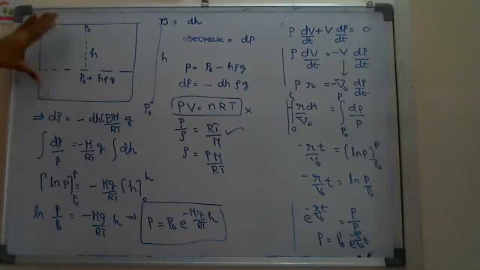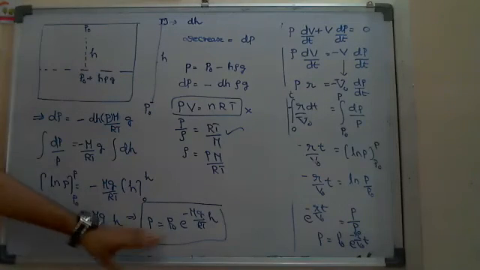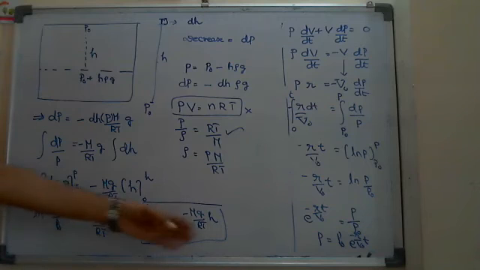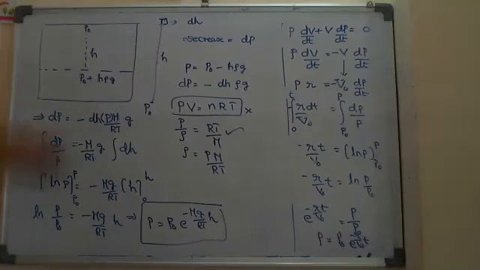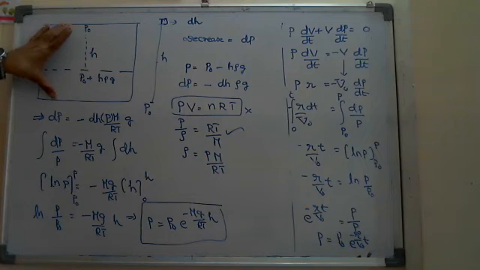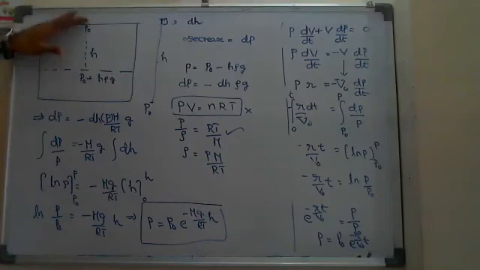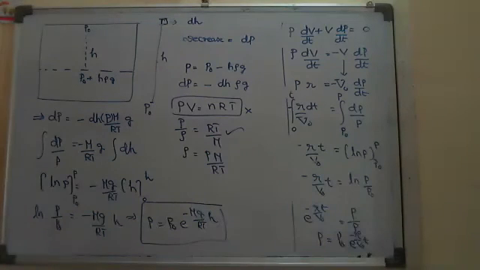For 2 meters or 10 meters, you no need to use this exponential term now. We can use P naught plus H rho g. That's why when you come to the fluids chapter, we use this formula only, P naught plus H rho g, or P naught minus H rho g when you go to the top.